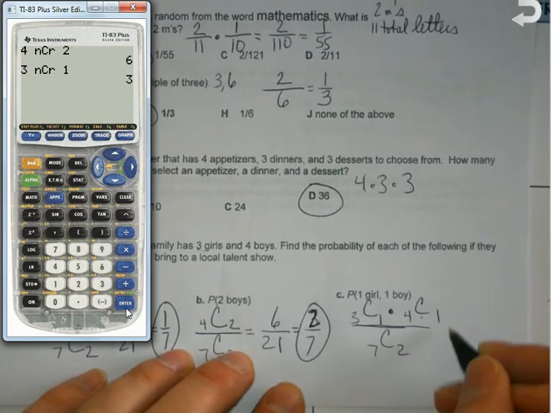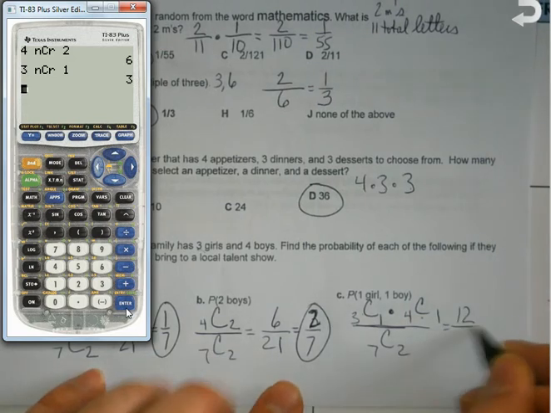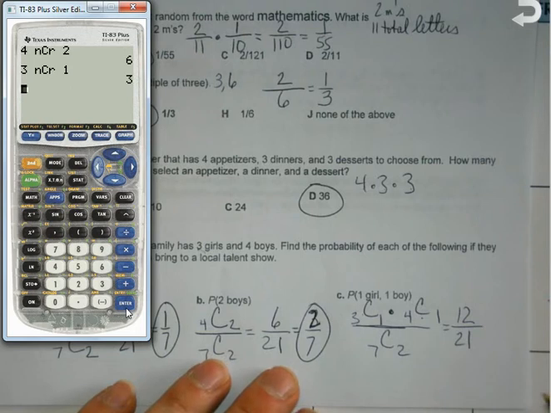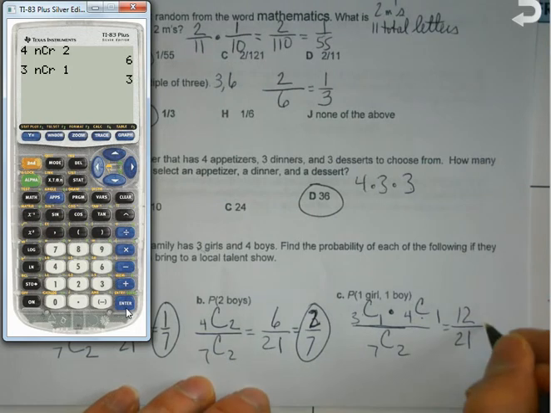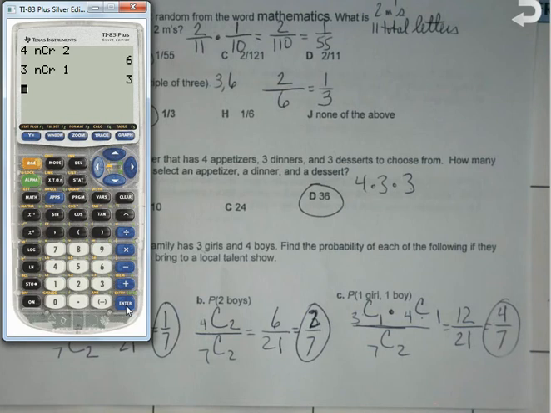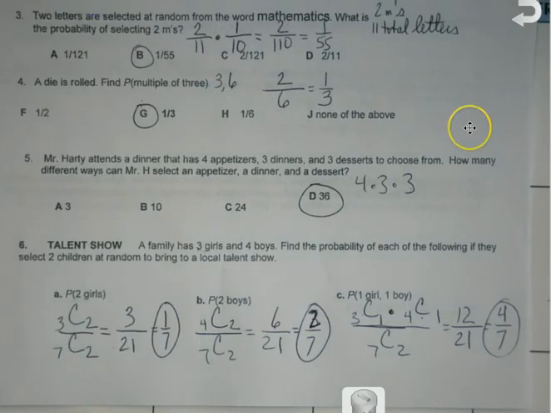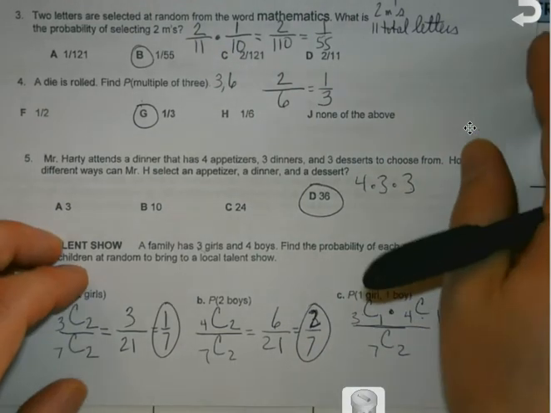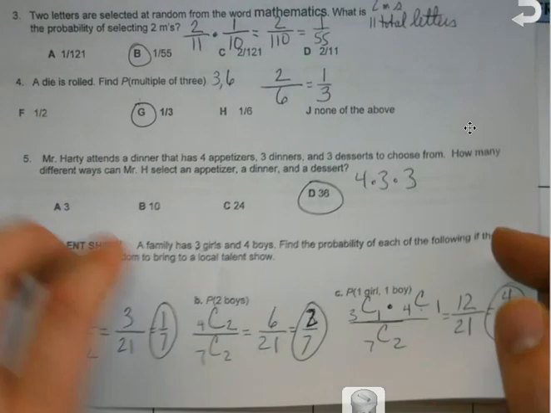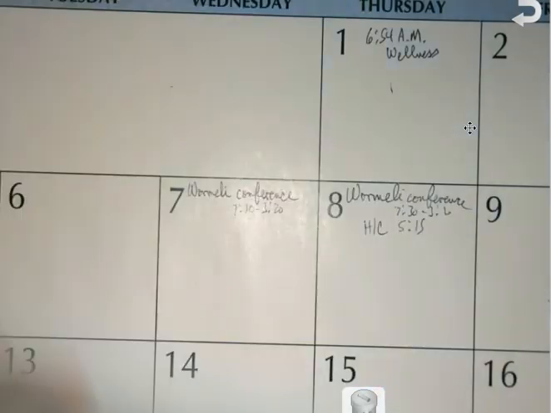So 3 times 4 is 12. We know 7 pick 2 is 21. And I know I did it right because the only 3 different possibilities for picking 2 would be 2 girls, 2 boys, or 1 of each. Notice all 3 of them add up to 1 whole, which is why I know my answer was right, and I probably could have done the last one even without doing the work, to be perfectly honest.